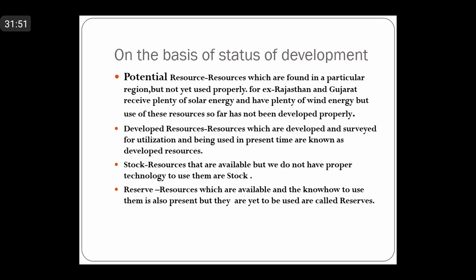So, have you understood what a stock is? There are plenty of resources available in a particular region, but due to the lack of appropriate technology, we are unable to exploit those resources. For example, water is a compound of two inflammable gases, hydrogen and oxygen, which can be used as a rich source of energy, but we do not have the required technical know-how to use them for this purpose.